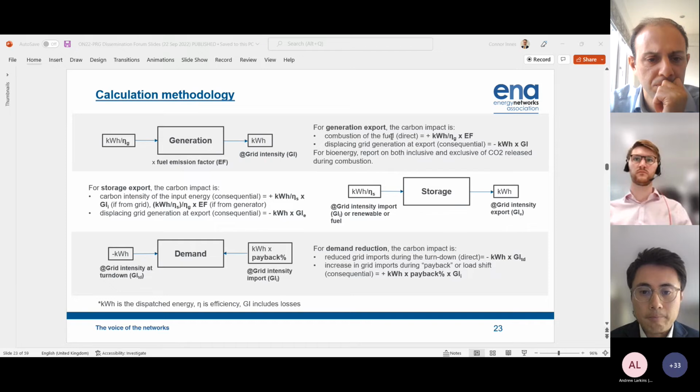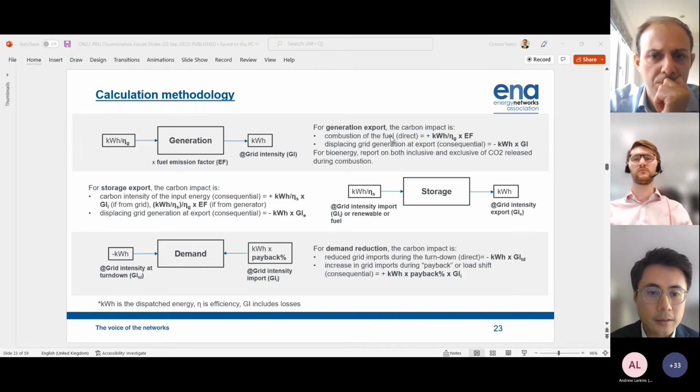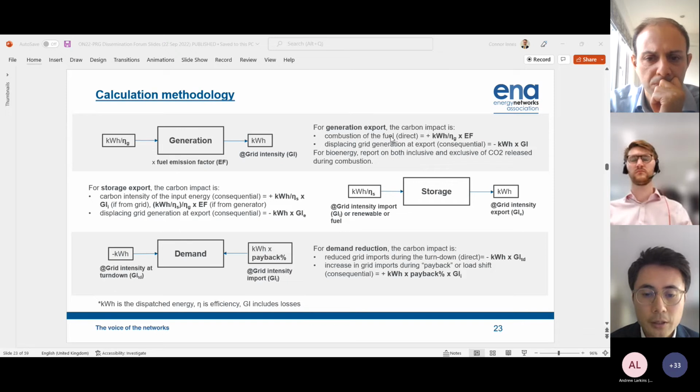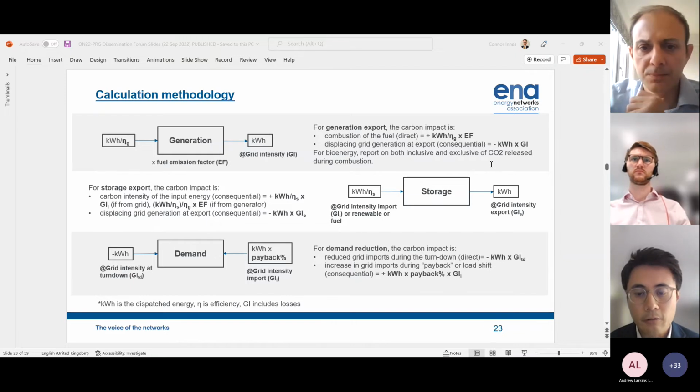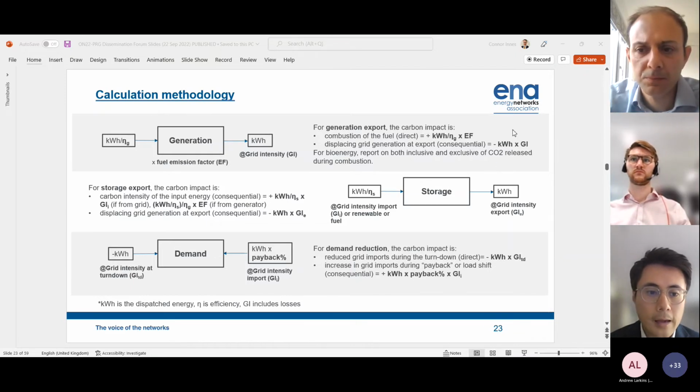Storage is a little bit different because it takes into account the energy that comes in when it was charged, and this could come from importing from the grid, if it is imported directly from the grid, or from the combustion of a fuel if it's from a generator, and then the export is also similar to the generation side.